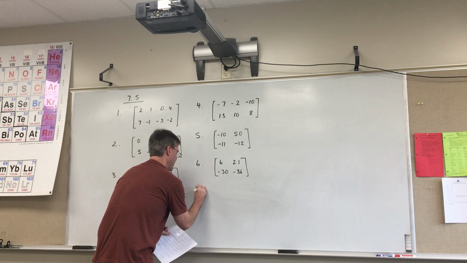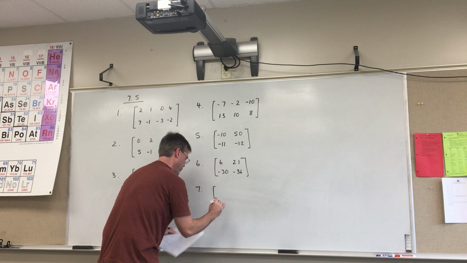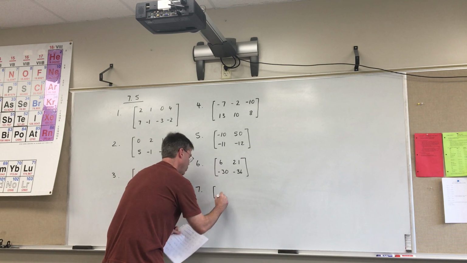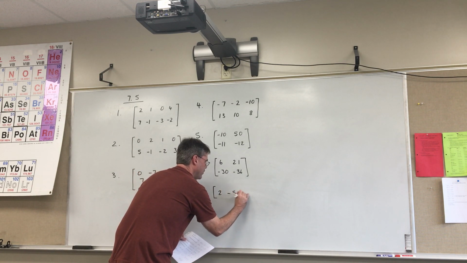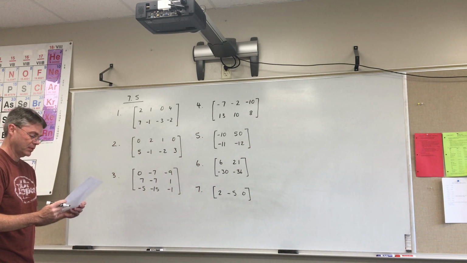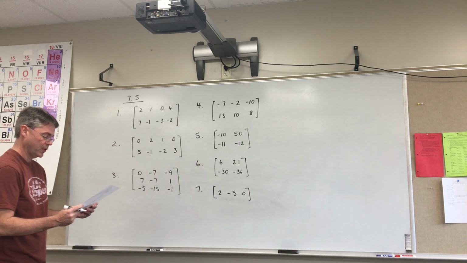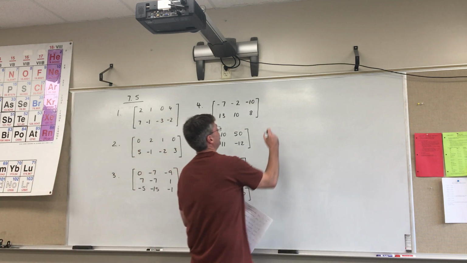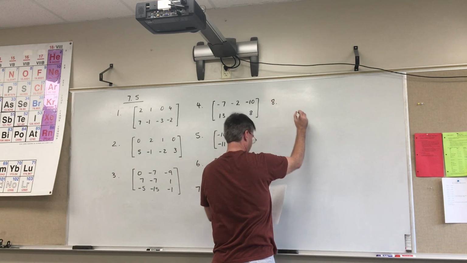Right, number 7, skinny little 1-row matrix. 2, -5, 0. Okay, remember, please show your work so I can give you credit.